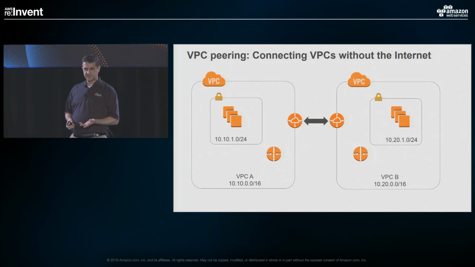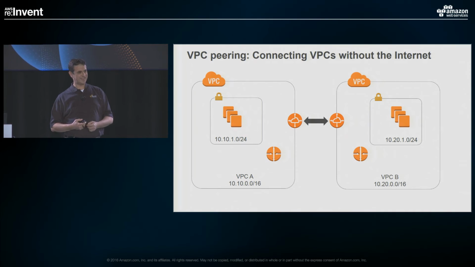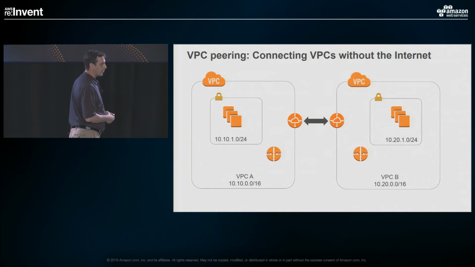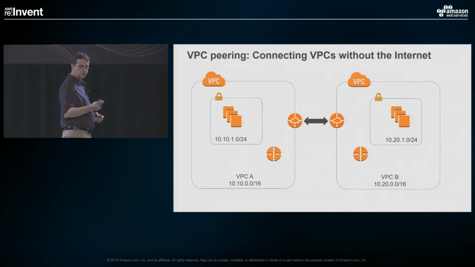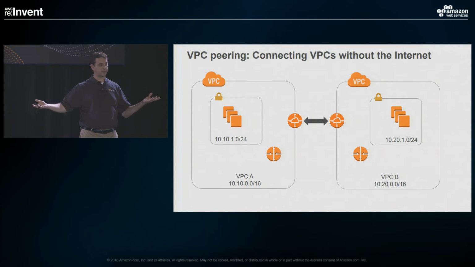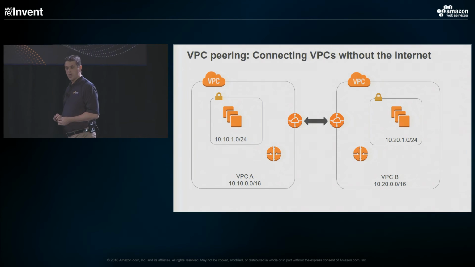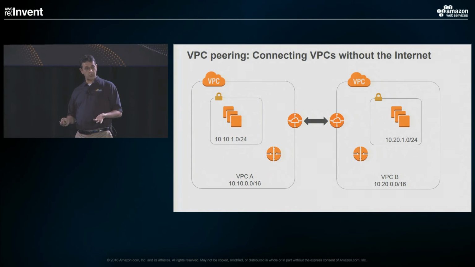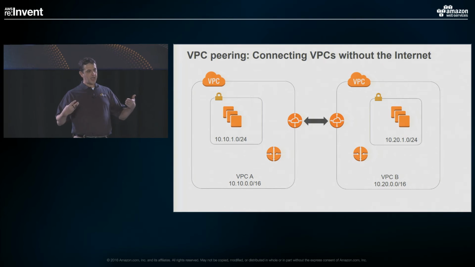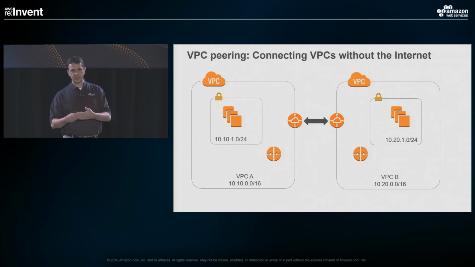The way it works, and again, this is just a quick 30-second review, is let's say VPC A owner would initiate a peering request to the owner of VPC B. Now, VPC B can be in the same account or a completely separate AWS account. If the recipient owner accepts that request, then a peering connection is made, and the two VPCs can communicate to each other.